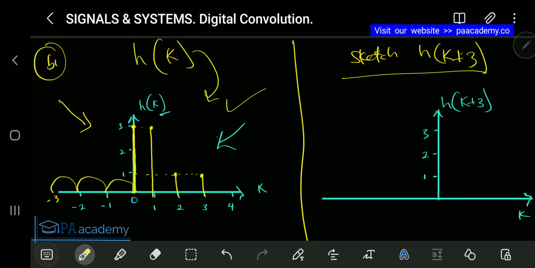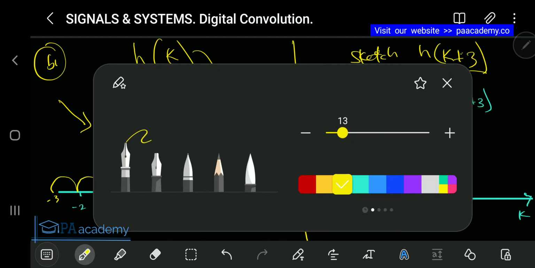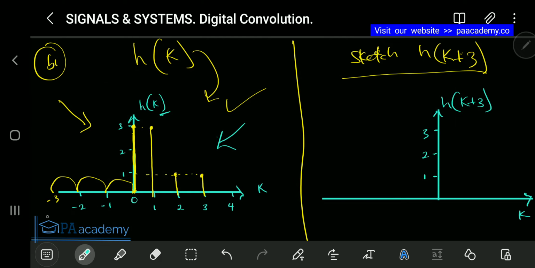So now let's quickly do that. Before I do that, let me add the scale on the k-axis. Now that we know that is minus 3, we're going to extend this to minus 3. So this is going to be 0, minus 1, minus 2, minus 3. Let me just add minus 4.